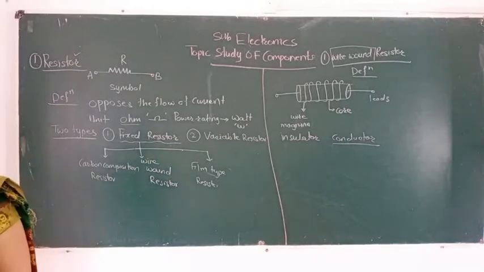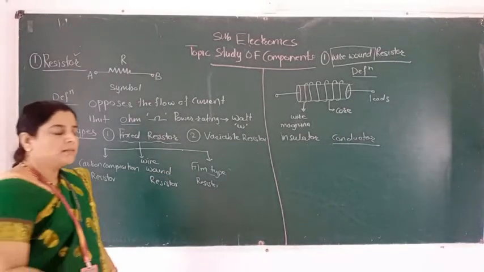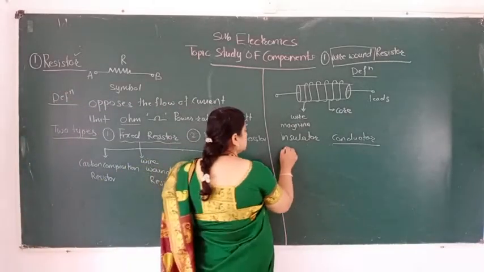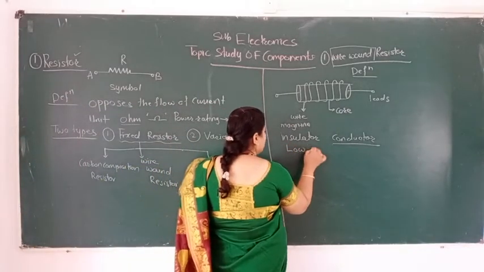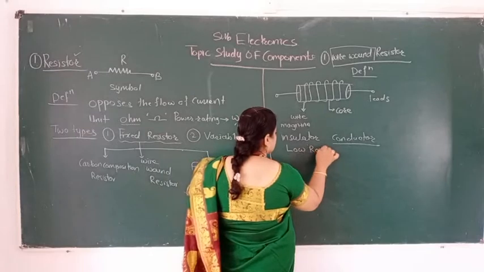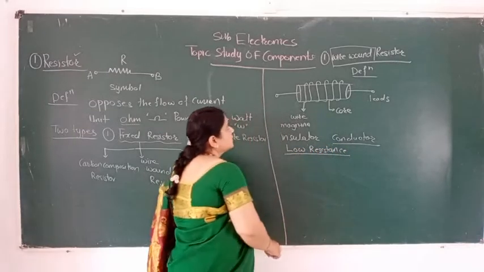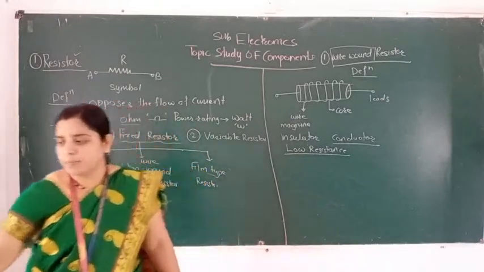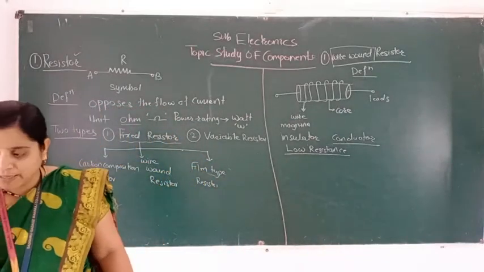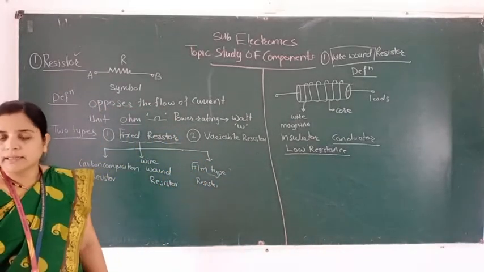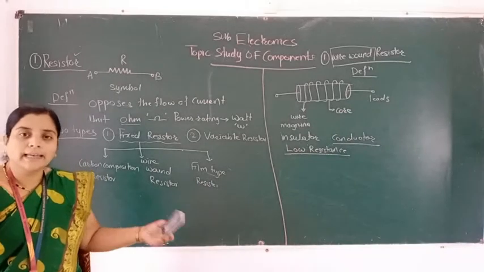Okay. So this wire wound resistor is of low resistance. This wire wound resistor is a type of low resistance wire because it has high applications.